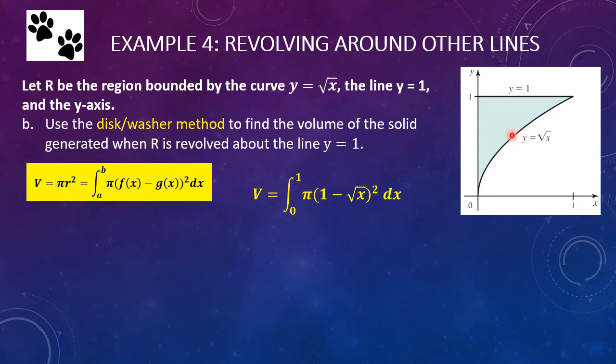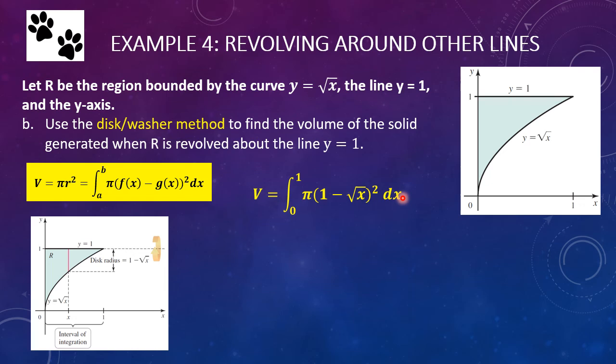So we're going to get the volume equals the integral from 0 to 1 of pi times the radius squared, and the radius is going to be 1 minus the square root of x. That's going to be the radius of each disk, because the center is at y equals 1 where it's revolving around, and then the thickness of each disk is dx. You might be able to see it easier here.